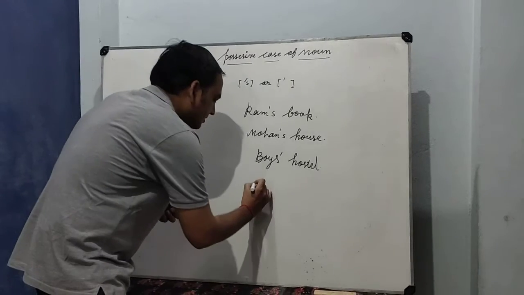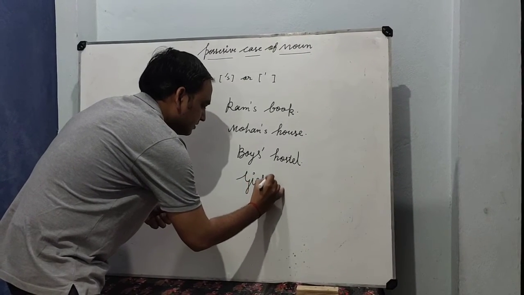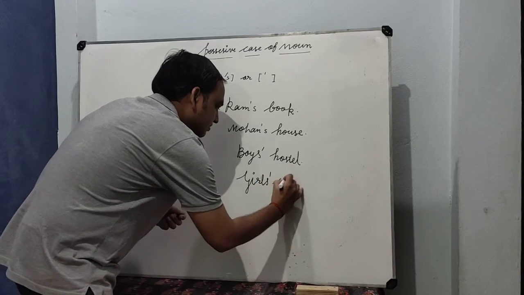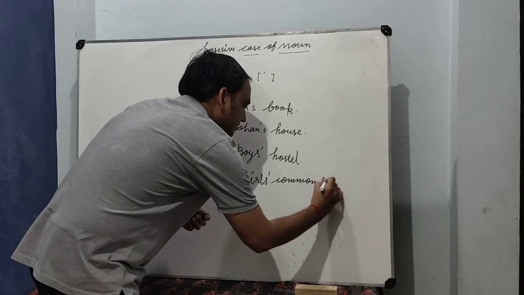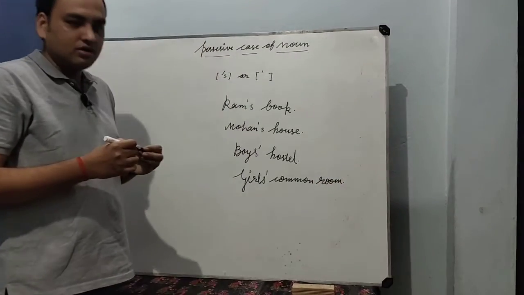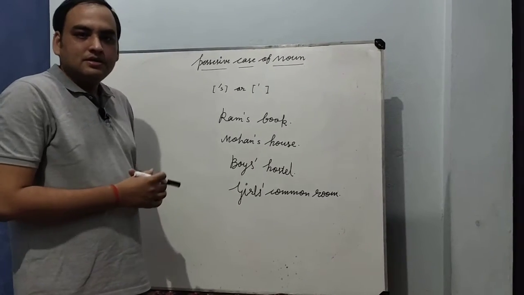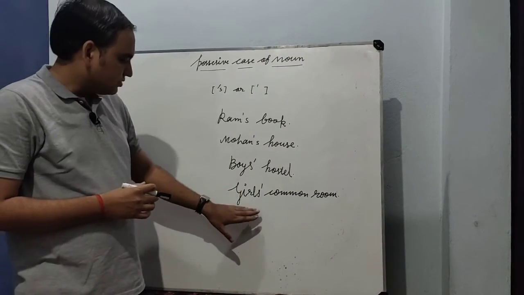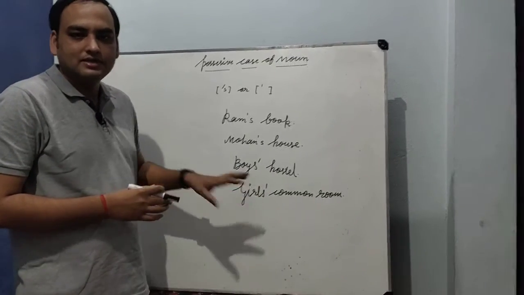Okay, another example, girls' common room. Here we are also talking about a room that belongs to girls and girls are more in number, so we will use girls and apostrophe without s.